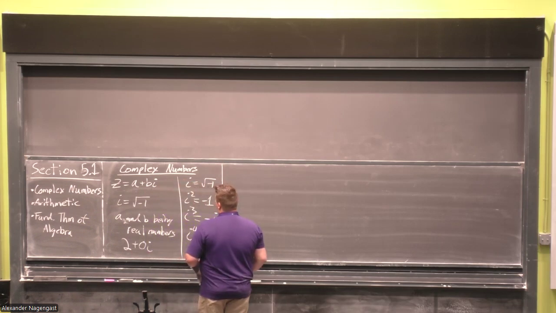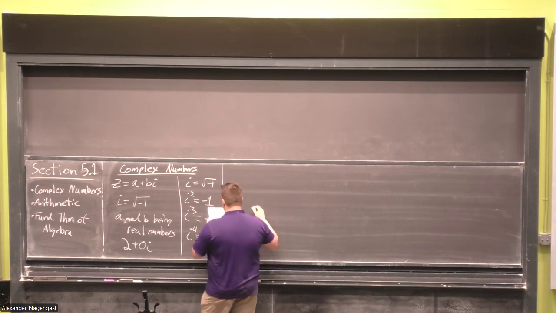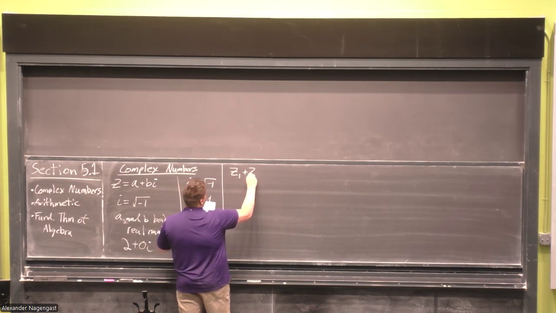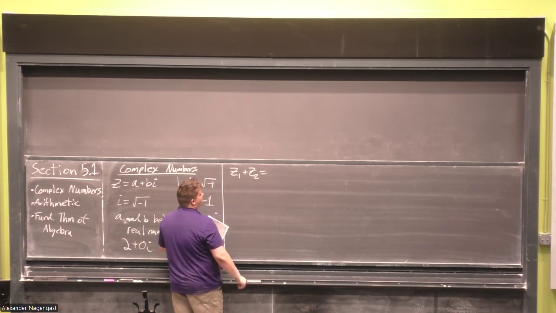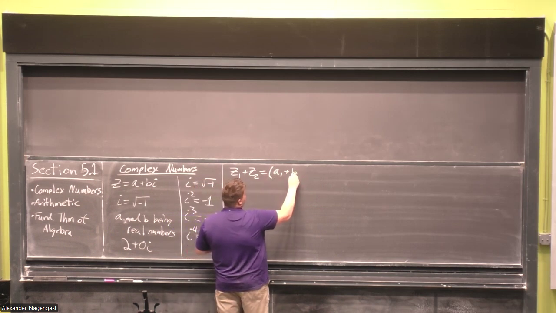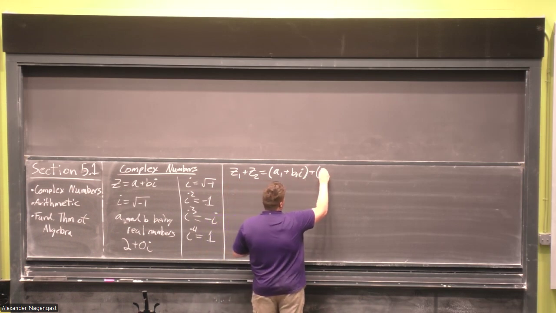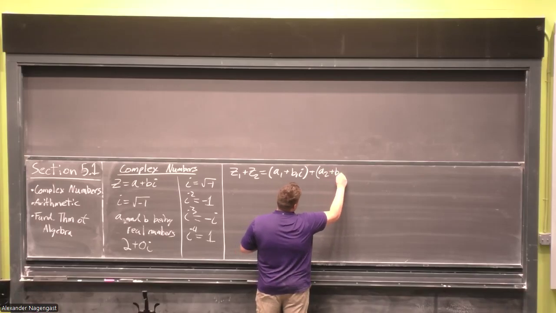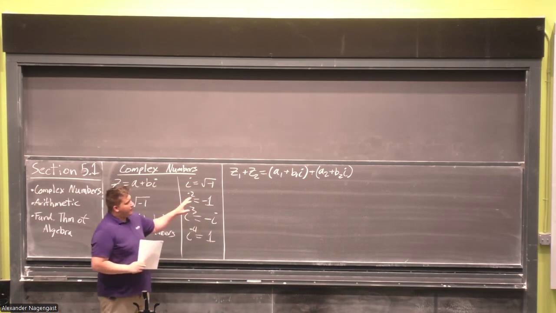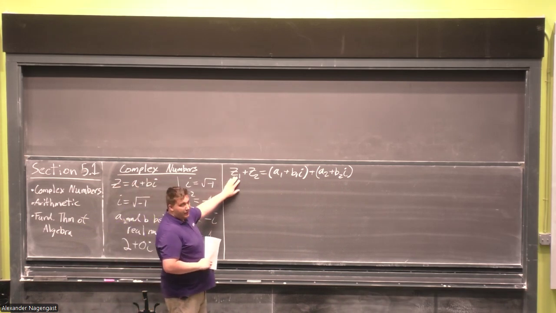So how do we compute these numbers? Let's take a look at z1 plus z2, and I'm going to rewrite z1 as a1 plus b1 times i. I'm going to rewrite z2 as a2 plus b2 times i. And I will always refer to them this way.